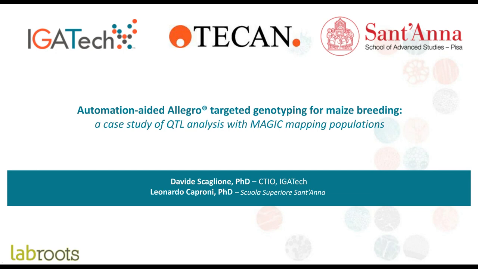The benefit, of course, is to try to democratize genotyping, like Leonardo was mentioning before. Now the sequencing capabilities are going to be a much more distributed asset across labs, academies, research institutes, and so on.